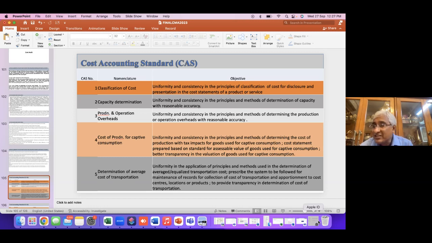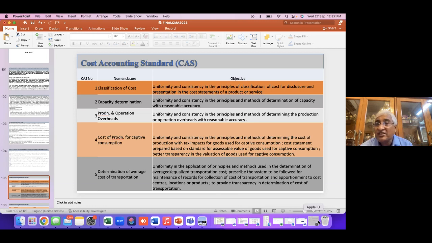Just as for passing the examination one has to be consistent in one's studies. It is not that 2 days before the examination you started reading and you passed. Not that case. You have to read consistently. Similarly, with any CAS, you should be consistent.